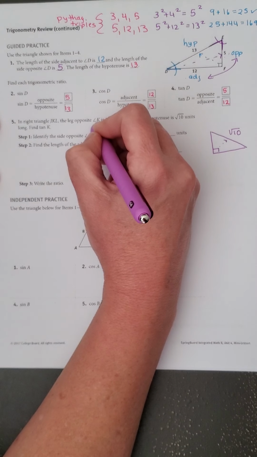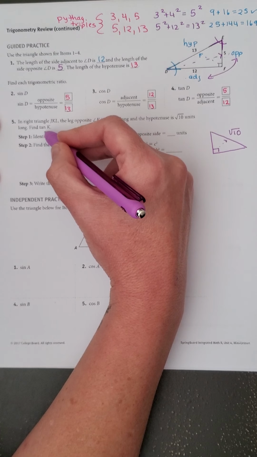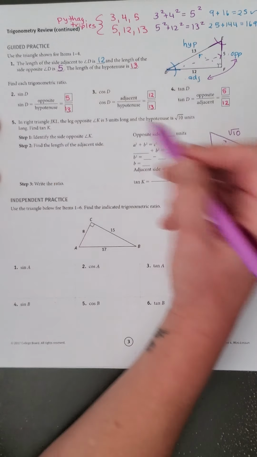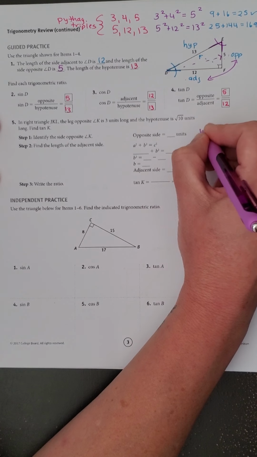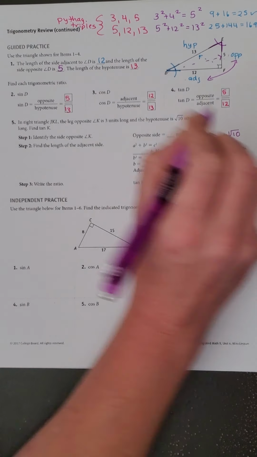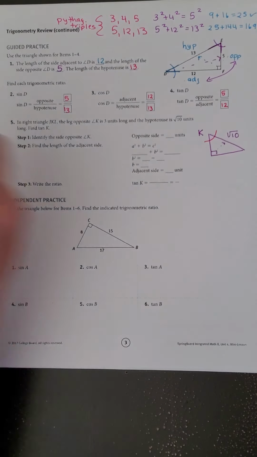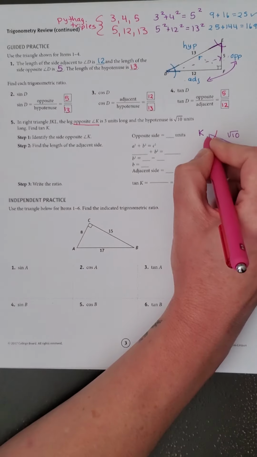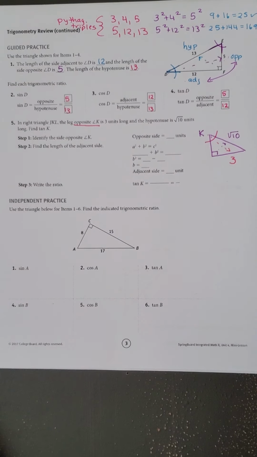And K has to be one of my acute angles, because they ask us to find tangent of K, and we cannot work with the right angle. So I'll call this K. And so it says the leg opposite of angle K. So opposite of angle K would be across from it over here at 3.